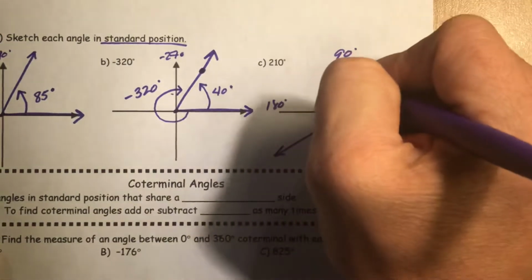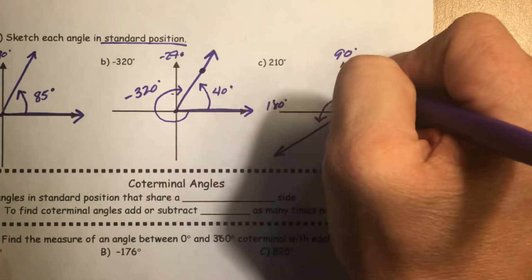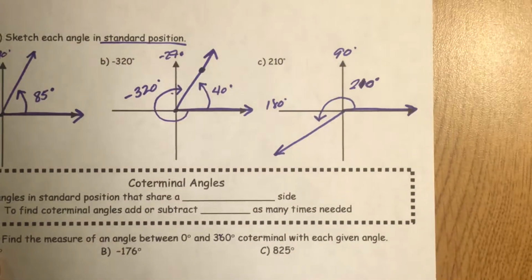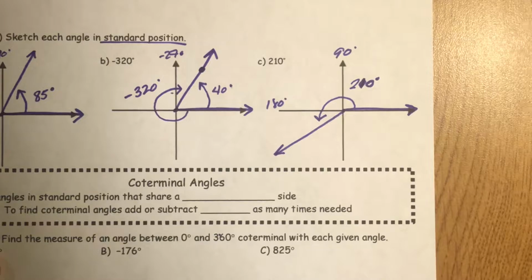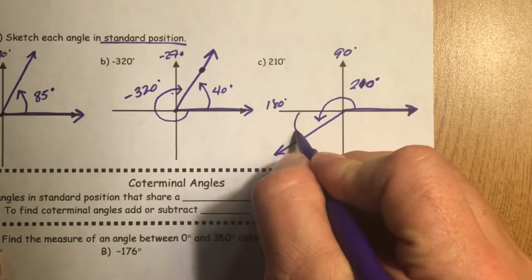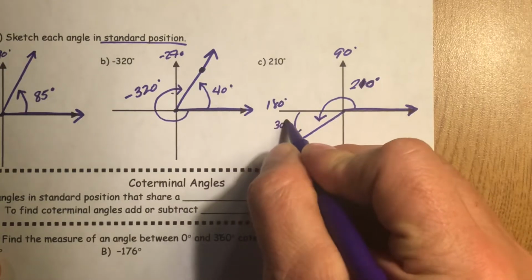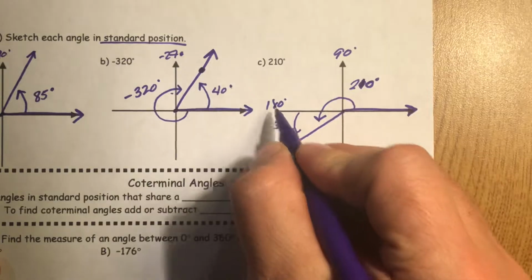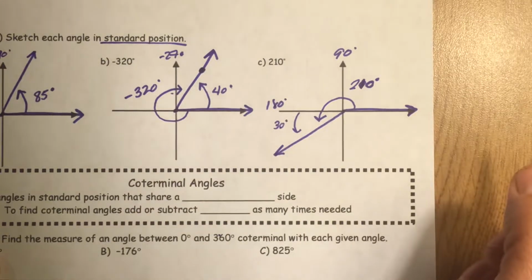And this would be 210 degrees in a positive direction. Do you guys understand that? So all I did was I went to 180 and then I went another 30 degrees, okay, 30 degrees to give me 210 because 180 plus 30 is 210.